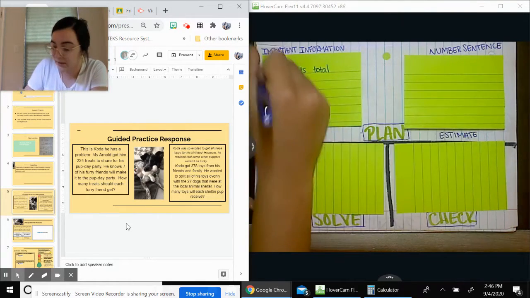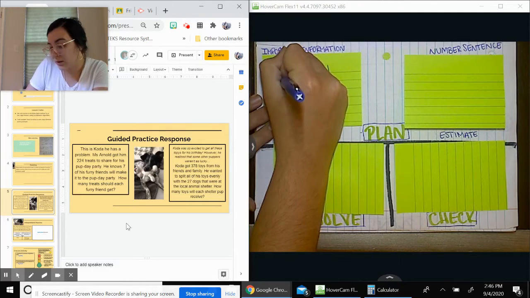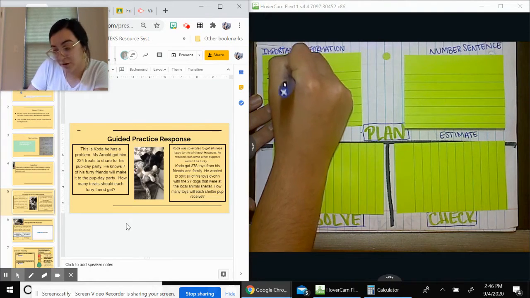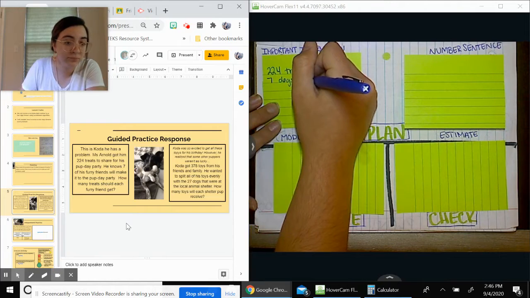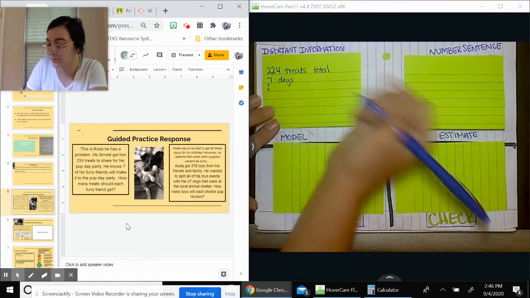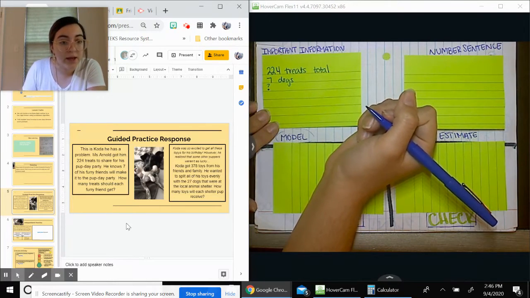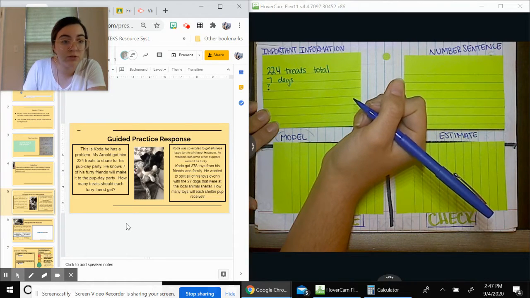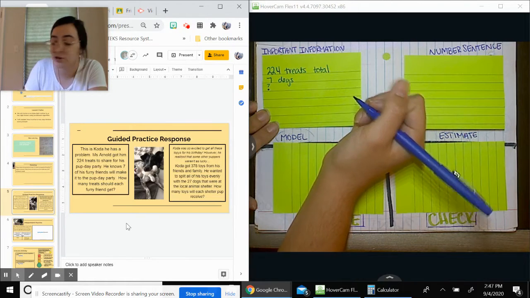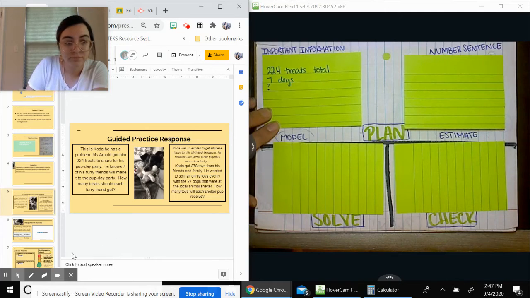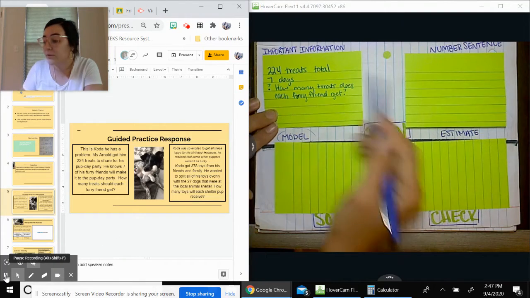He knows that 7 dogs, or 7 of his furry friends, will be there. And what we want to know is how many treats each dog or each furry friend should get. So now I have my important information.